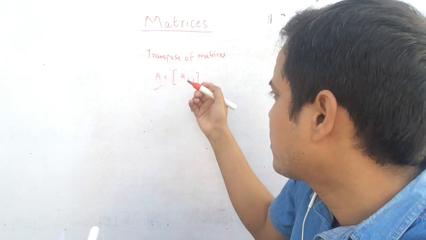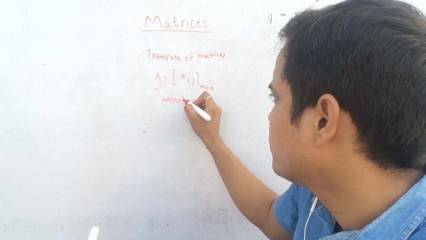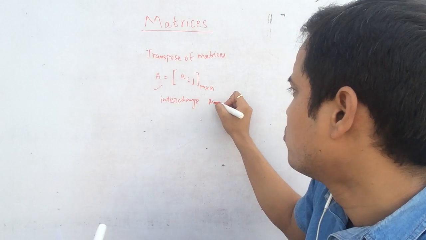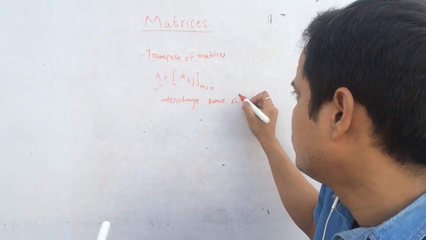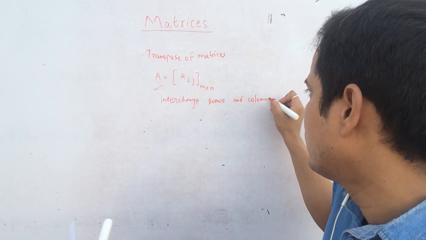Interchange rows into columns and columns into rows.